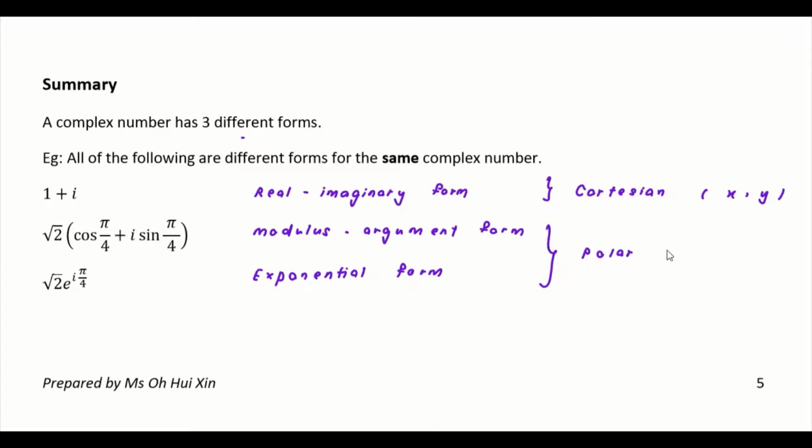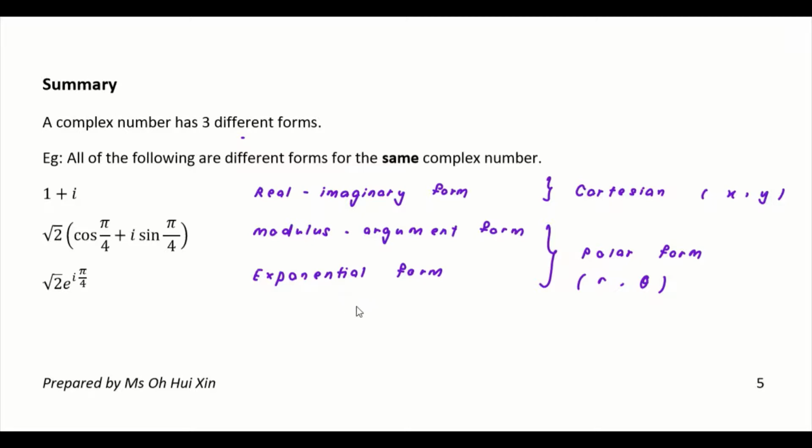That's why these two forms are called the polar form. In polar form, the x part is actually the r, and then you have the argument part for your y. In the next example, we'll see how we change between the different forms using the information given.